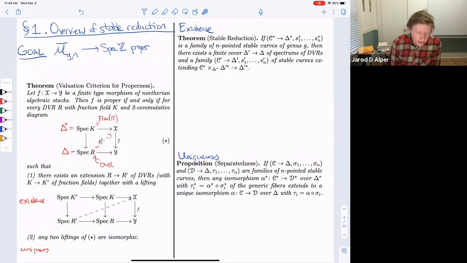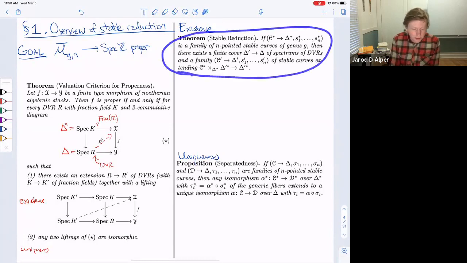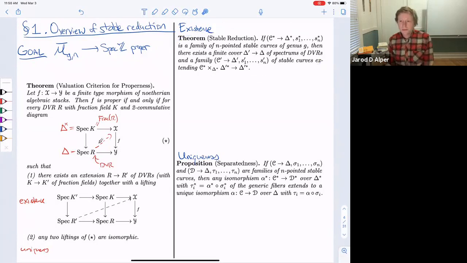The uniqueness you can state in terms of the original diagram: if you have two ways to fill it in, then those two families of objects over Spec R are isomorphic. If you translate the existence part of the valuative criterion, you get stable reduction. This is the theorem we're after.